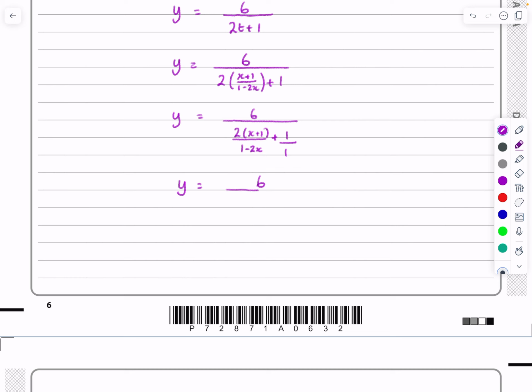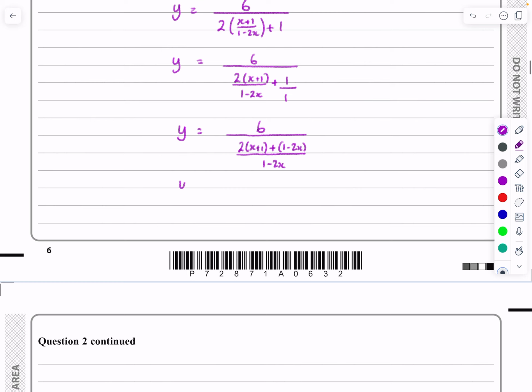6 doesn't change. So what I'm going to get there is 2 lots of x plus 1 plus 1 times 1 minus 2x all over 1 minus 2x there. So now this works out to be 6 over, right, I've got 2x plus 2 plus 1 minus 2x here.